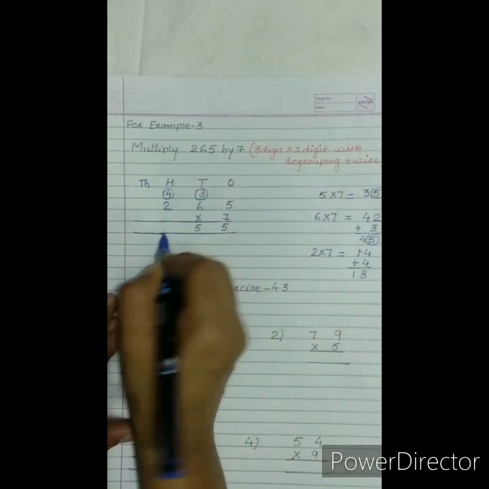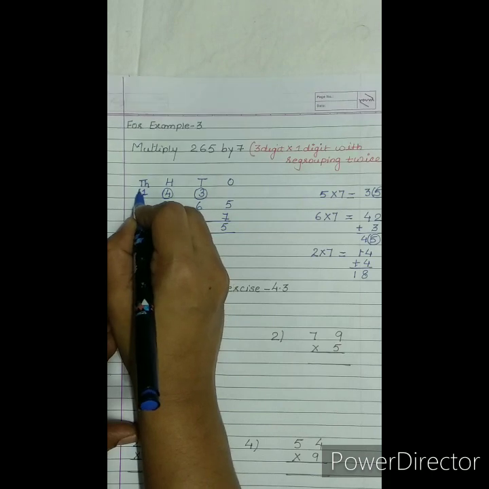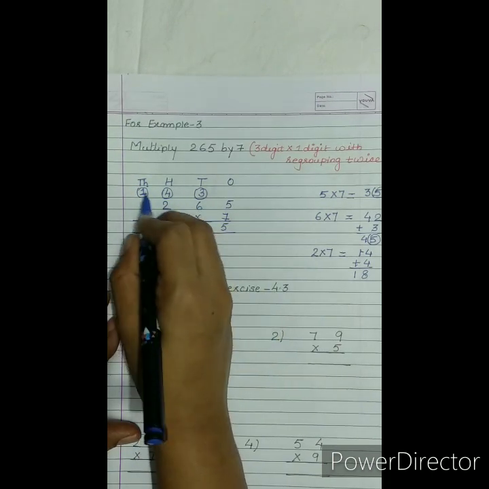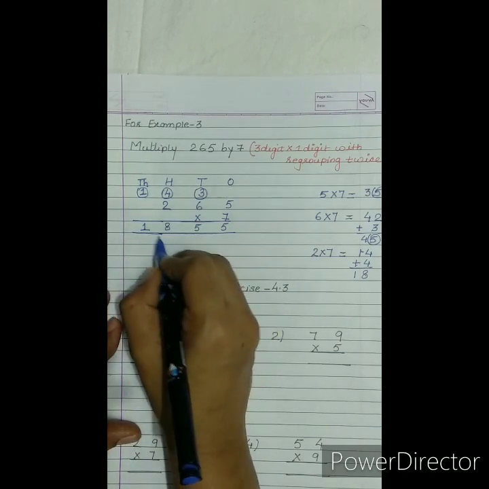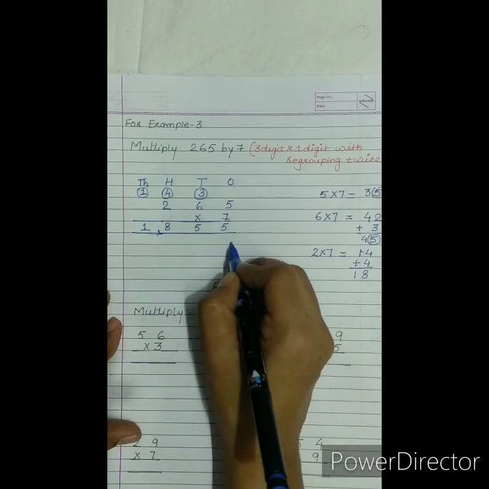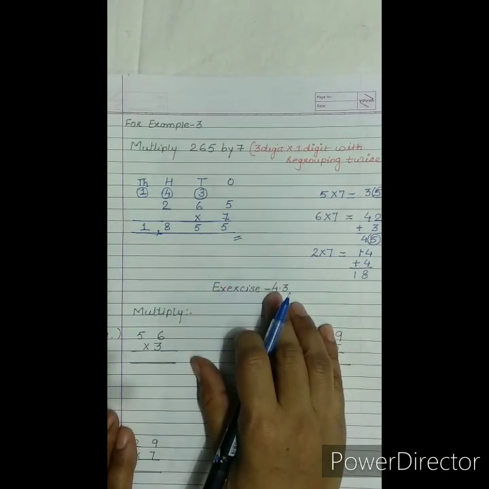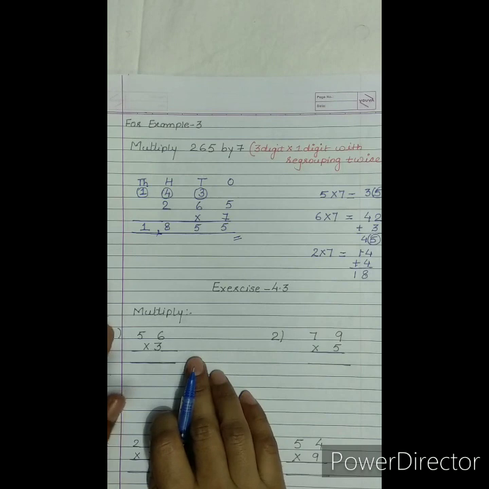So 8 comes below the hundreds place and 1 goes up as carry to the thousands place. No number is here, so this 1 comes as it is. So our answer is 1855.